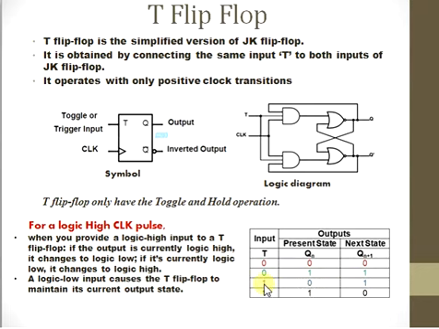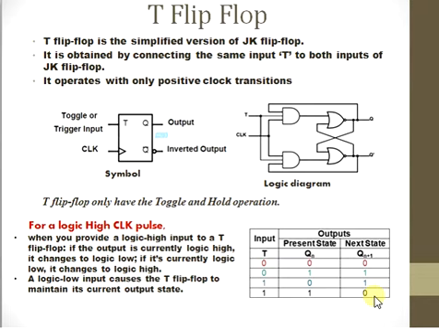But if you are giving T is equal to 1, when the input is logic high, there will be toggling. So if the present state is 0, that will change to 1, and if it is 1, it will change to 0. So toggling will happen when T is equal to 1, and the hold condition will occur when T is equal to 0.